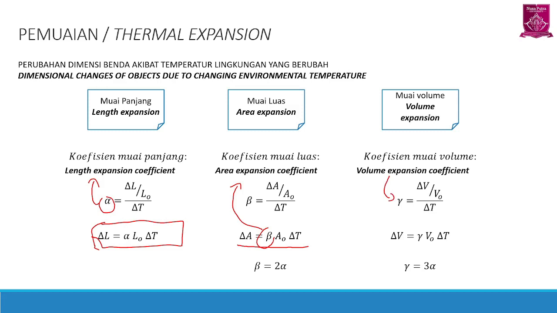We can calculate the change in volume of the object, or delta V, which is equal to gamma multiplied by V0 multiplied by delta T.